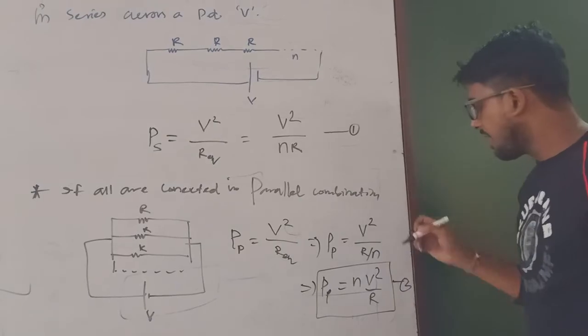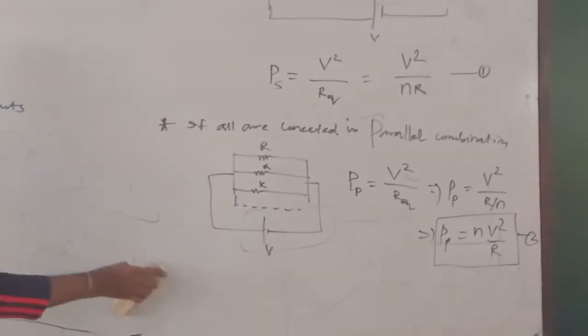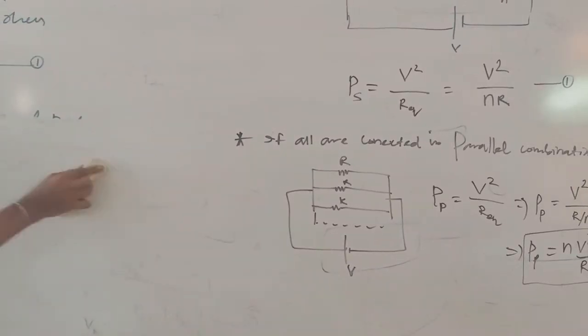So from equation 1 and 2 we can calculate the ratio of power in series and power in parallel combination.